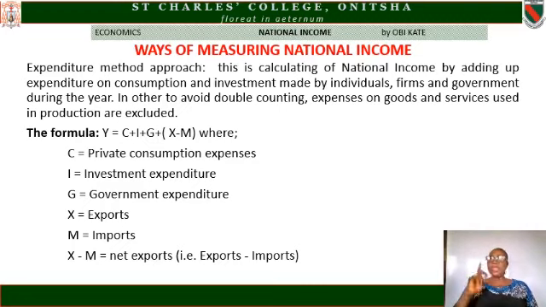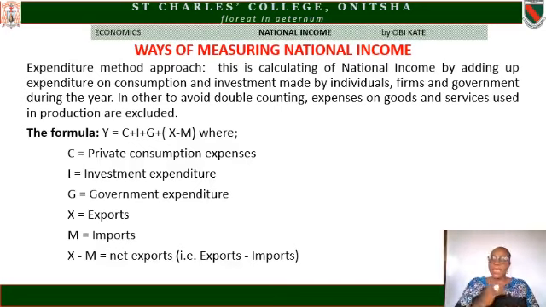G, government expenditure. X, exports. M, imports. So X minus M is net exports. When you are computing national income using this method, it is very simple.